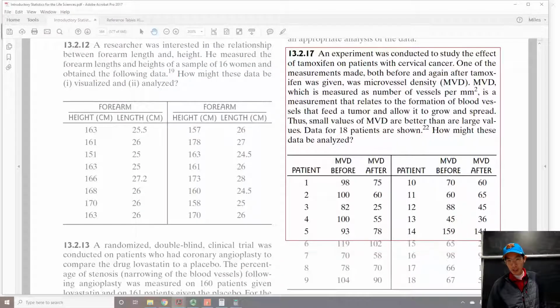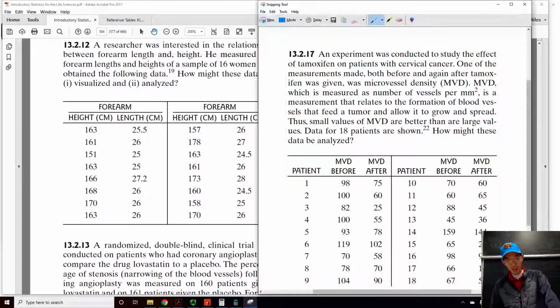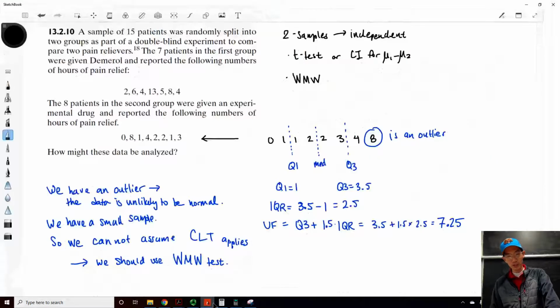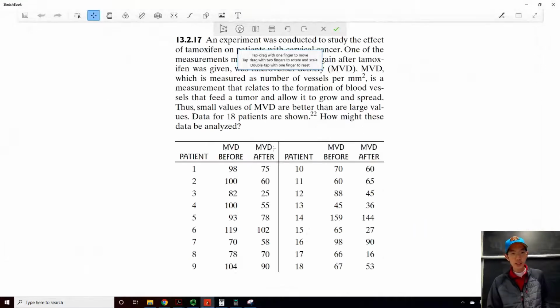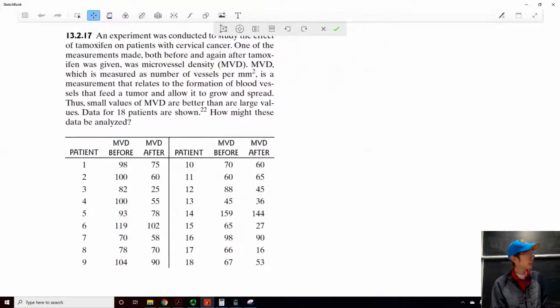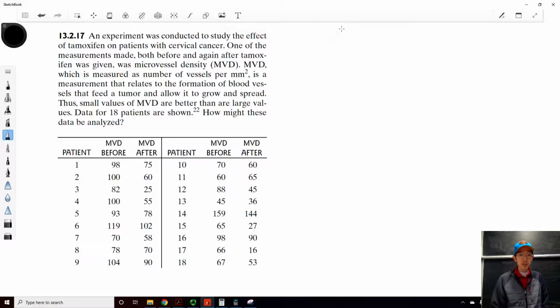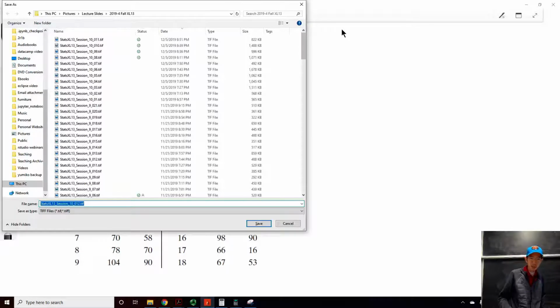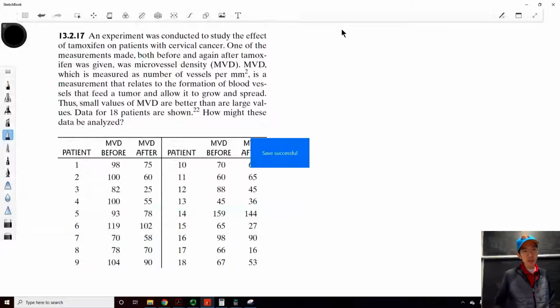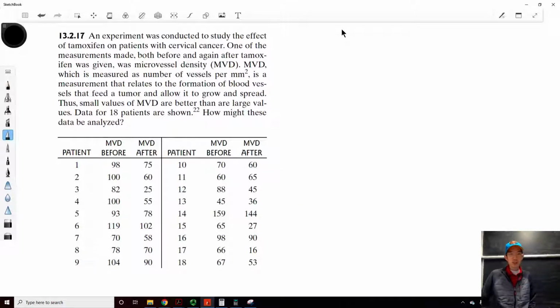Okay, so this is the other classic scenario for this particular kind of test. An experiment was conducted to survey the effect of tamoxifen on patients with cervical cancer.